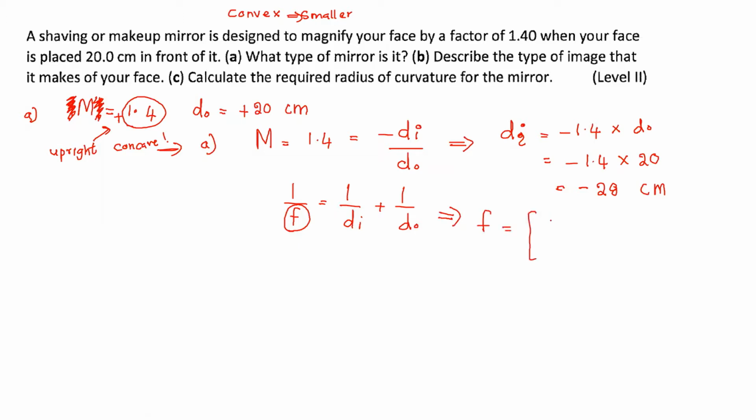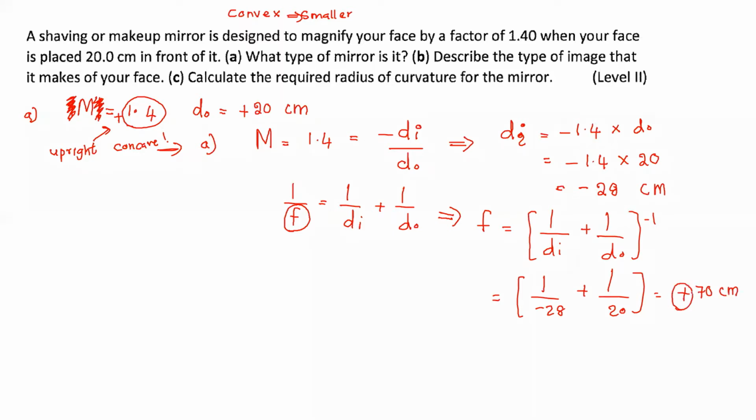So f is the inverse of 1 over negative 28 plus 1 over 20. When you do this, you get positive 70 centimeters. So a positive focal length. It is a concave mirror, right? So our guess was right. So you all have to know what sort of mirror is positive and what is negative.